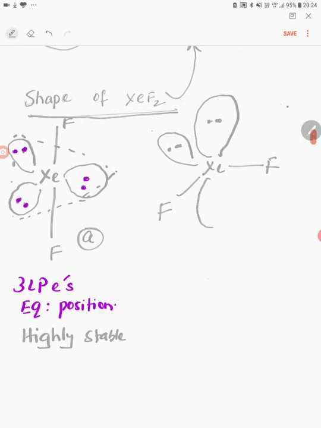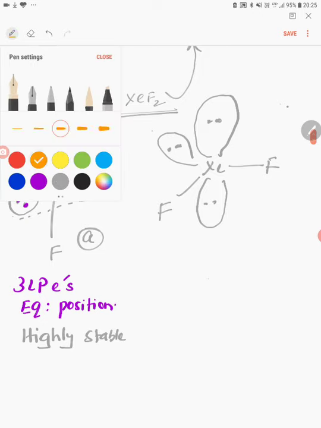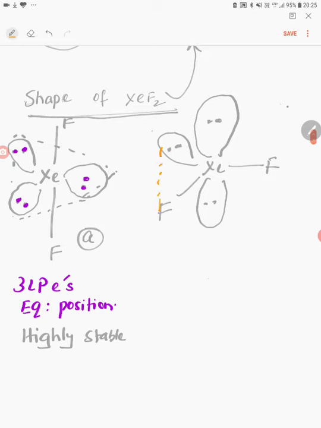One more lone pair also can be in the axial position. Therefore, this kind of arrangement will give an equatorial position like this: this is equatorial, this is equatorial, this is equatorial, this is axial, this is axial. Similarly, this is axial, this is axial, this is equatorial, equatorial, equatorial.